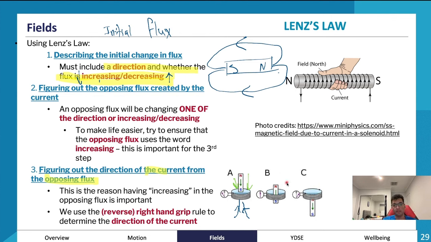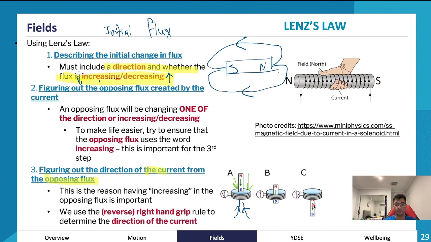When you're in the middle, the flux is always the same, there's no change in area that is perpendicular to the coil. Because of this, there's no change in flux, and because there's no change in flux, there is no induced current.